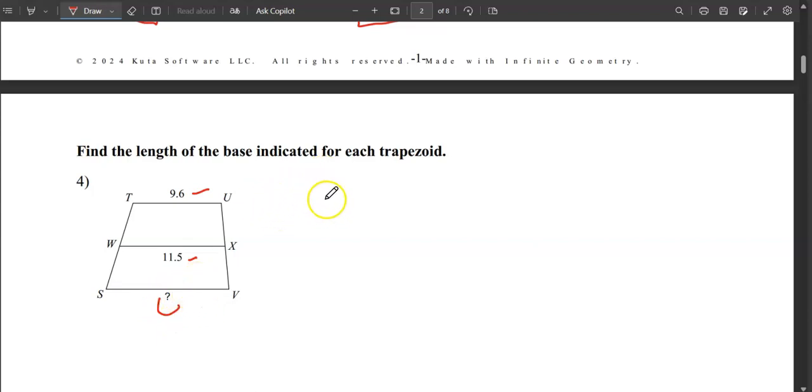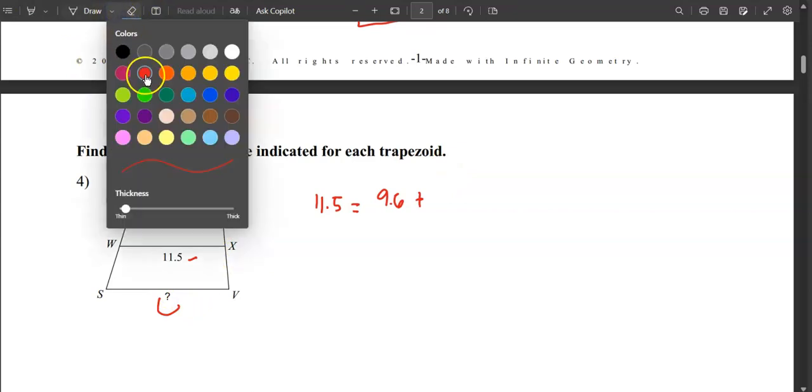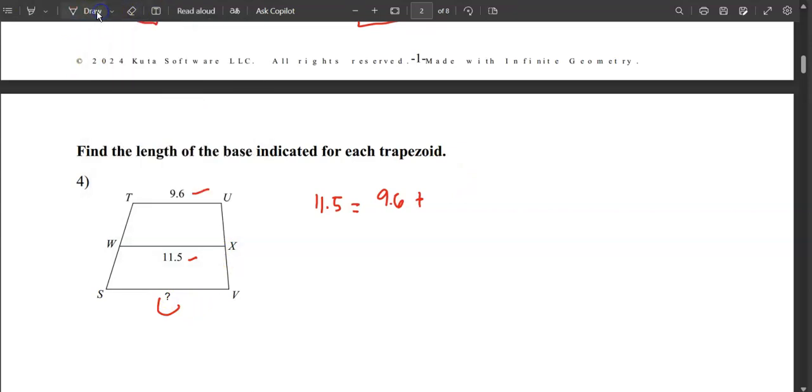So again, we know that the mid segment is equal to 9.6 plus, I'll just label this one as my a, because x would be a bad labeling since we have x here. So 9.6 plus a over 2.